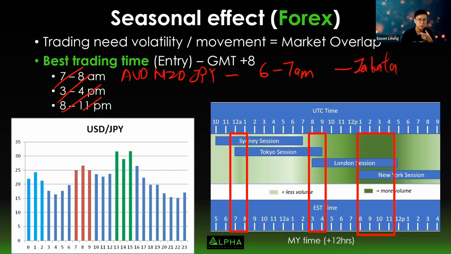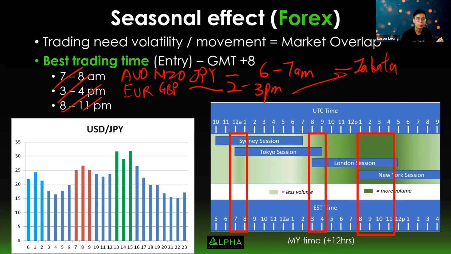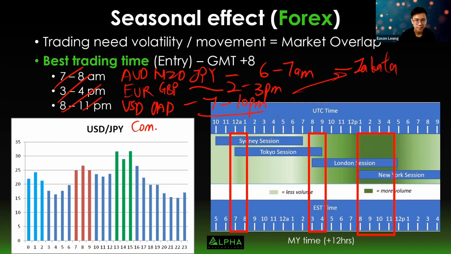The best time to trade anything related to Euro and GBP is about 2 to 3 p.m. Jakarta time as well. For anything related to USD, Canada, or commodities, the best time is 7 to 10 p.m.